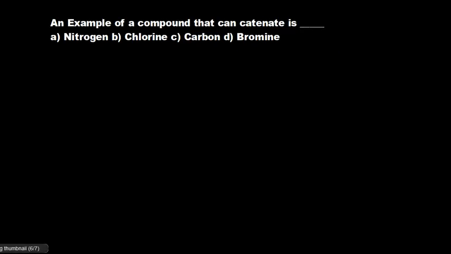Now let us go for our last question. It says an example of a compound that can catenate is dash. Without wasting our time, we should take note of this.